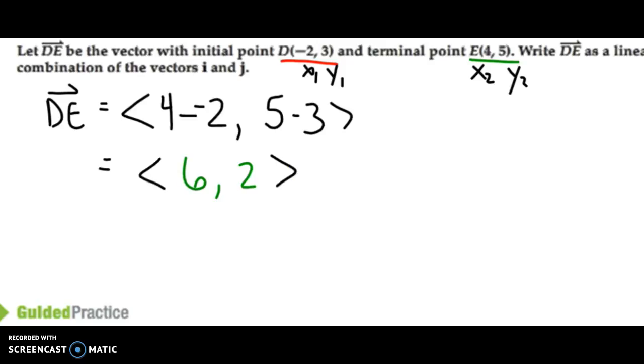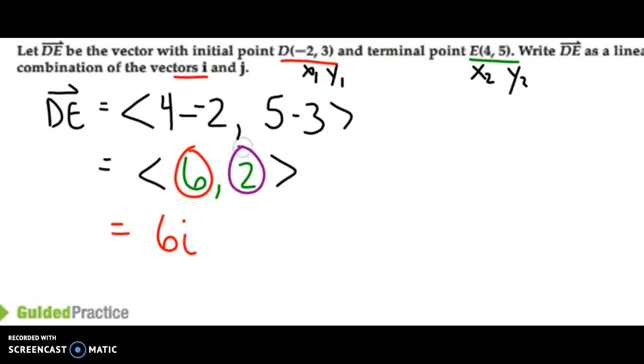So now I want to write this as a linear combination. The way I do that is I look at my x component first, which is 6. Remember the i vector, or standard unit vector, was 1, 0. So this is actually going to be 6 times 1, 0.